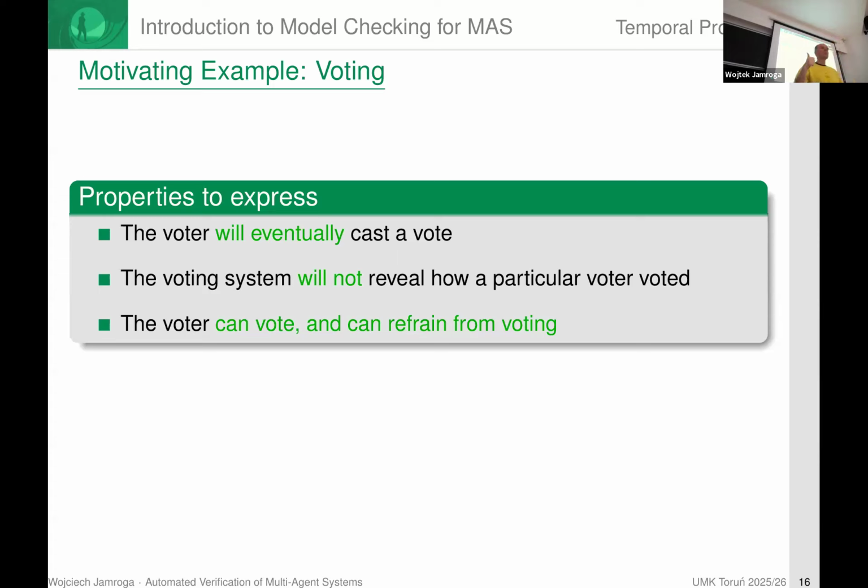So there are crypto people, formal methods people, just plain computer scientists, but also sociologists, psychologists, people from public administration, and basically they discuss the properties and designs and implementations of voting procedures that would satisfy some basic security and integrity requirements.